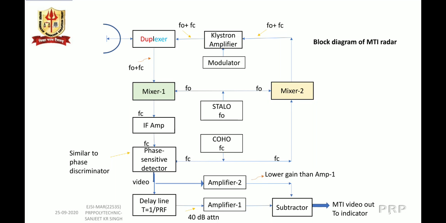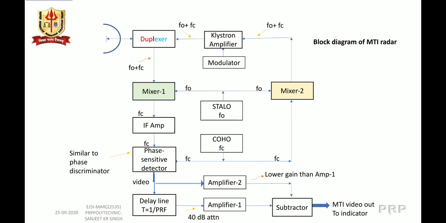Another input coming to mixer 1 is the stable local oscillator FO, and these two inputs result in an output which is only the radio frequency FC, which is amplified using the IF amplifier, as the frequency of the FC signal is in the range of intermediate frequency.